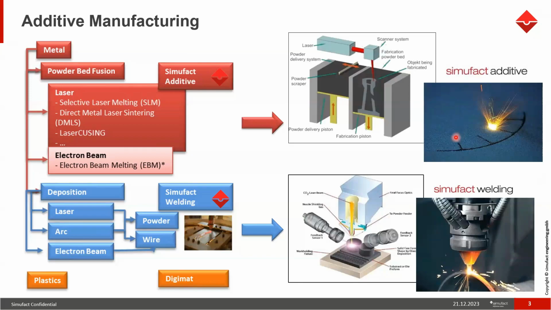Then this chamber will go down, and again one more layer of powder will be laid and subsequently melted. As it goes down and gets melted, the parts will get manufactured in this fashion.